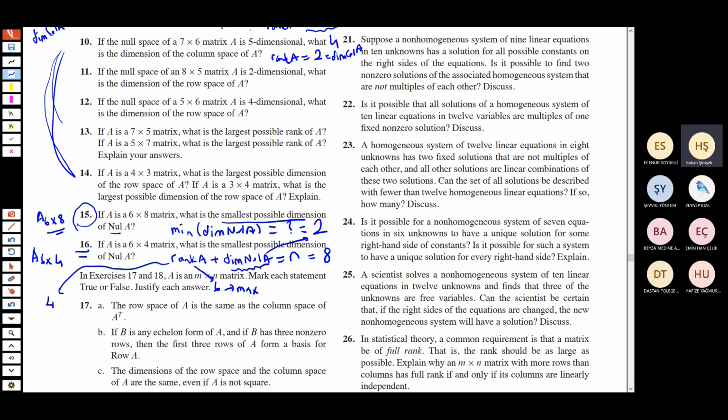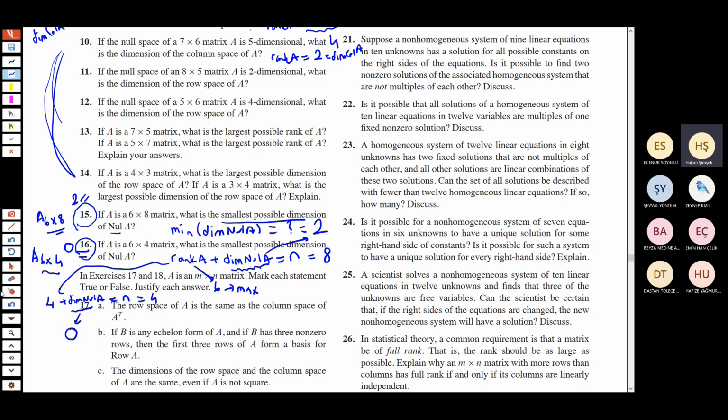Even if we have 6 rows, at most we can have 4 pivot positions, which means the rank can be maximum 4. And rank plus the dimension of the null space is equal to n. What is n for this matrix? 4. Therefore, the minimum value will be 0, right?